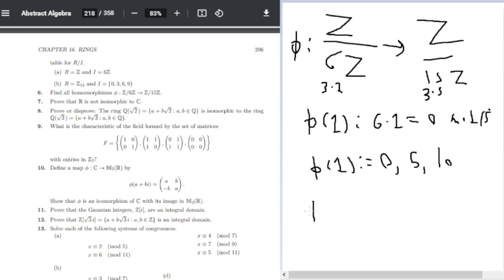I mean, phi of AB is equal to phi of A times phi of B, which is equal to A times phi of 1 times B times phi of 1.